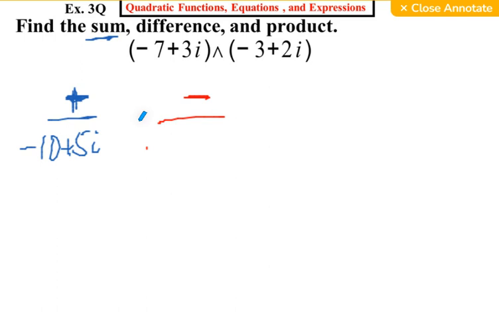Negative 4 plus i. Hands if you got that. All right, that is correct. Thank you.